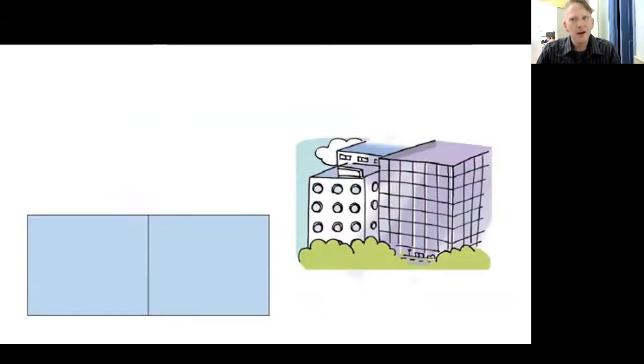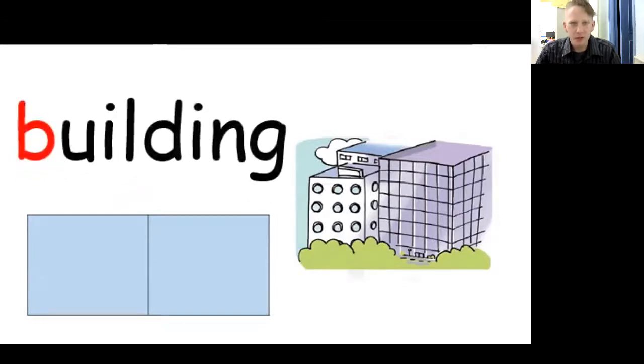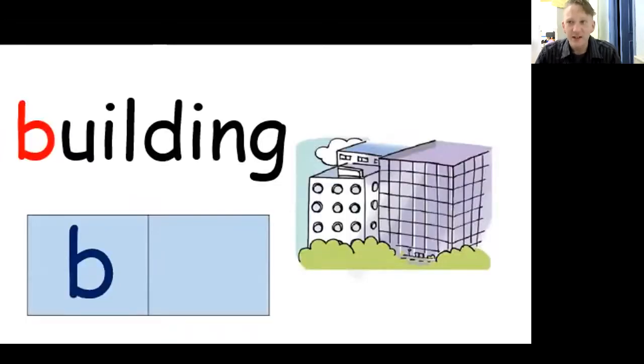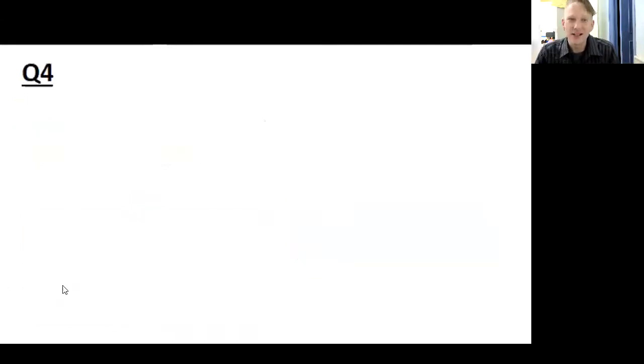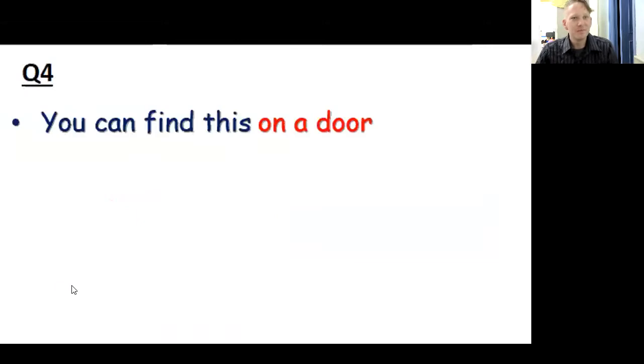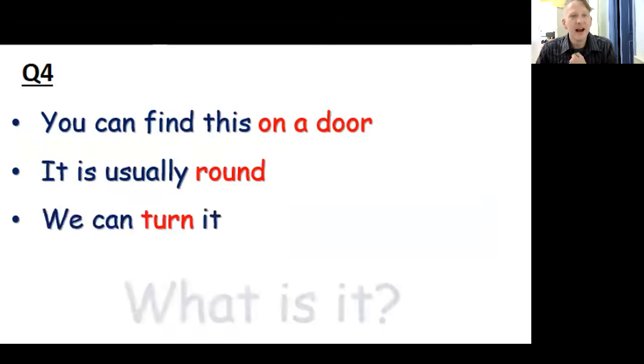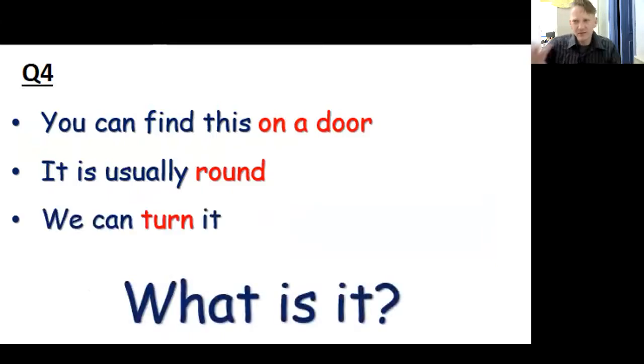One more time. Building. Now, it is the what? Beginning sound. That's correct. So you put the letter B in the far left box. Question 4. You can find this on a door. It is usually round. Most of these are round. And we can turn it.